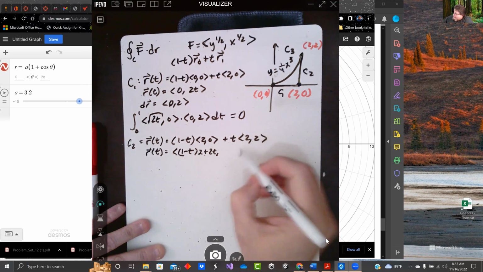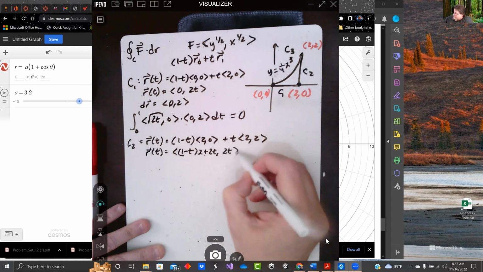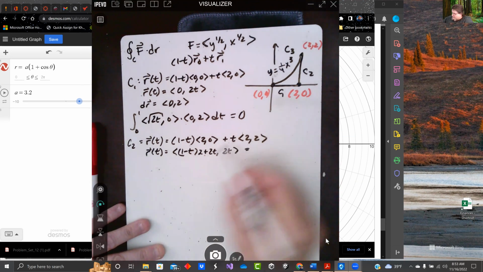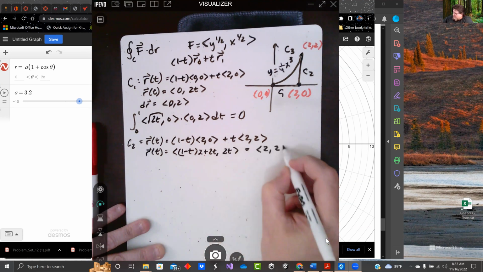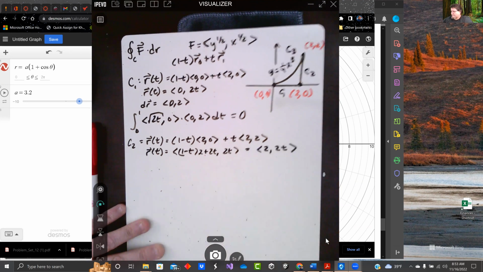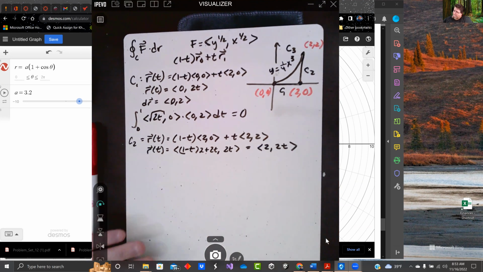And then I've got 2T for Y. This looks like I end up with just 2 comma 2T. DR is 0.